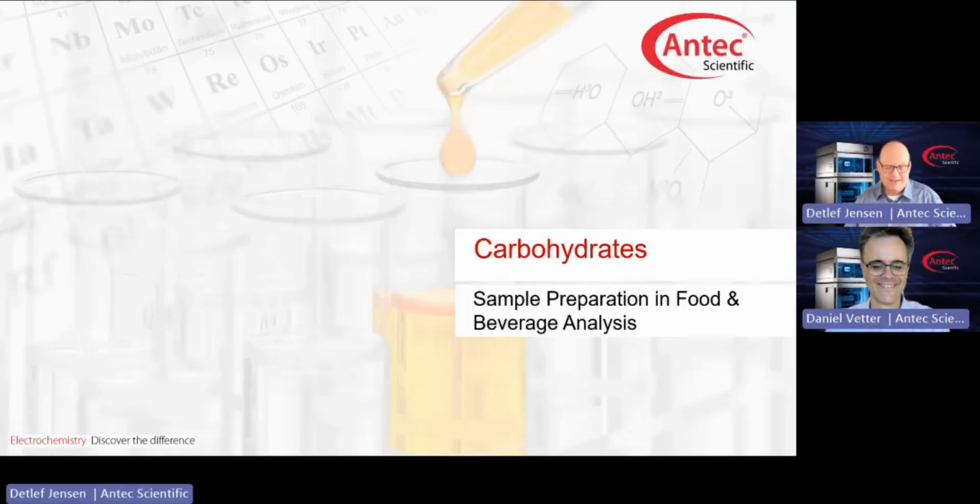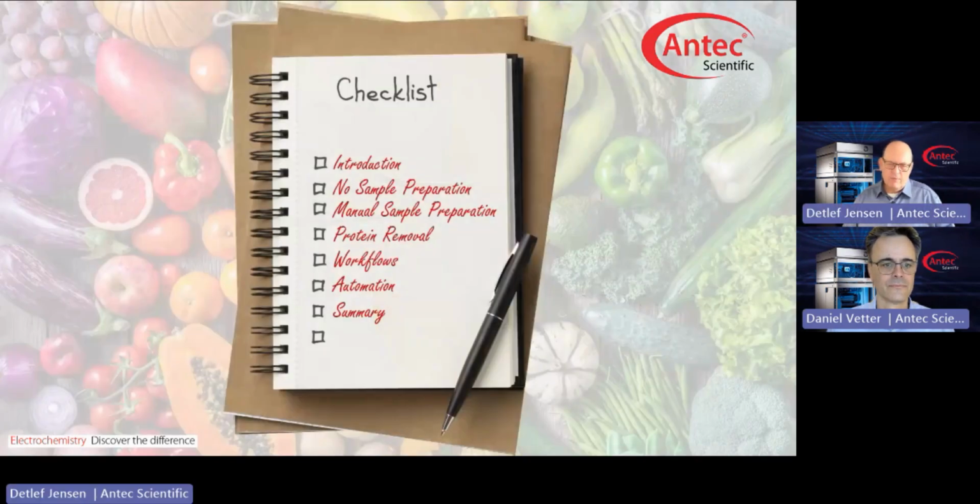On the other side is sample preparation in food and beverage analysis. And the program of today's webinar consists of the following points. We will have a short introduction, and then we will move through this checklist.